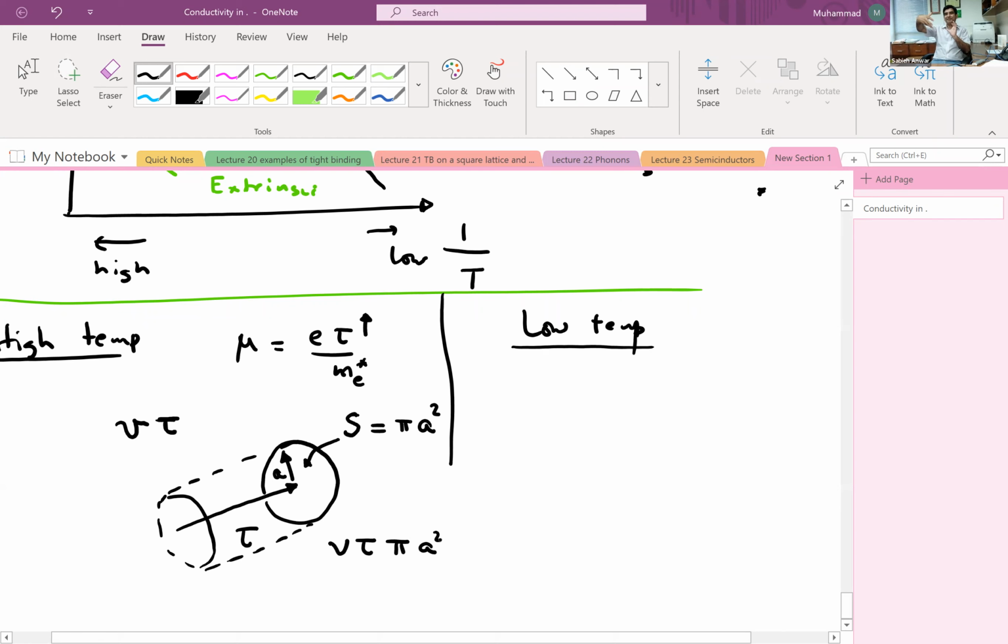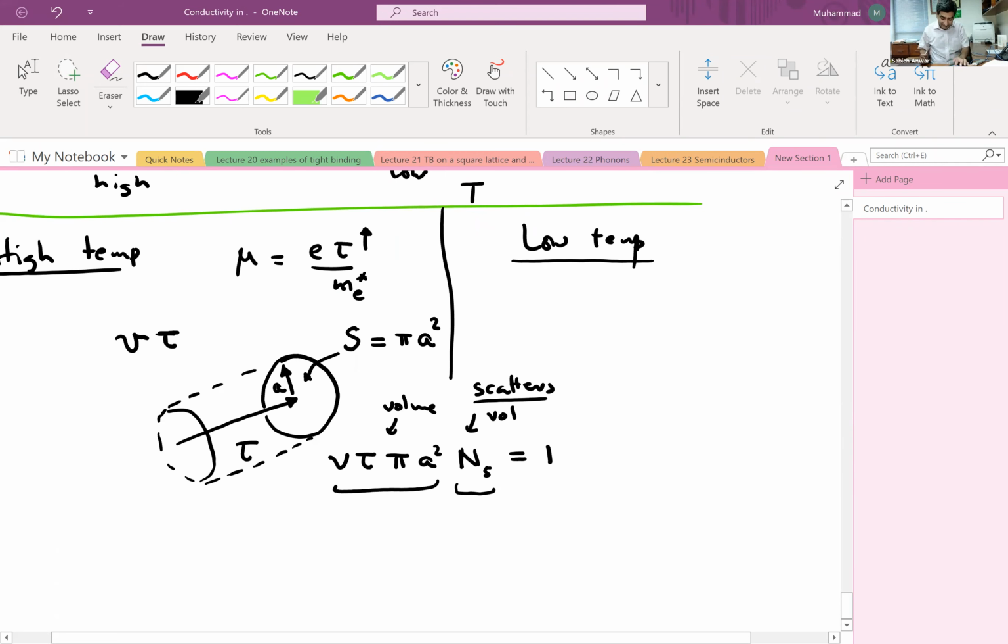If I had ns scatterers per unit volume, then the product of ns with this volume in which one scattering takes place is going to be equal to 1, because this is one scattering event. I multiply the volume by the scatterers per volume and get the number of scatterers, equal to 1, because this is how I've defined tau. It's the mean time between two successive collisions, so it's the mean time in which one scattering has taken place.